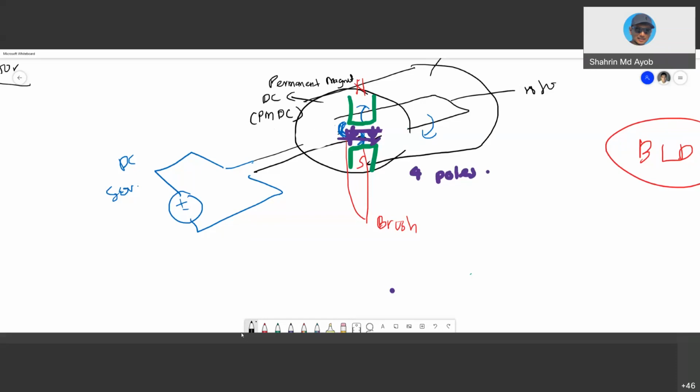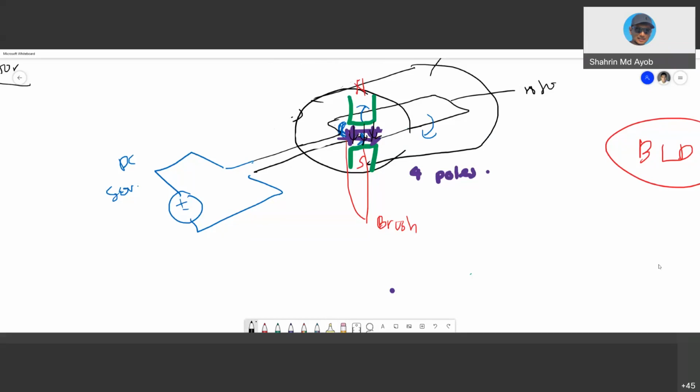But there are also types of DC motor that do not use a permanent magnet. Can someone elaborate for me? They don't use the permanent magnet because it is very heavy. So how do we produce the north and south poles to produce the flux? We learned from our second topic, the electromagnetic: we produce a magnet from electricity.